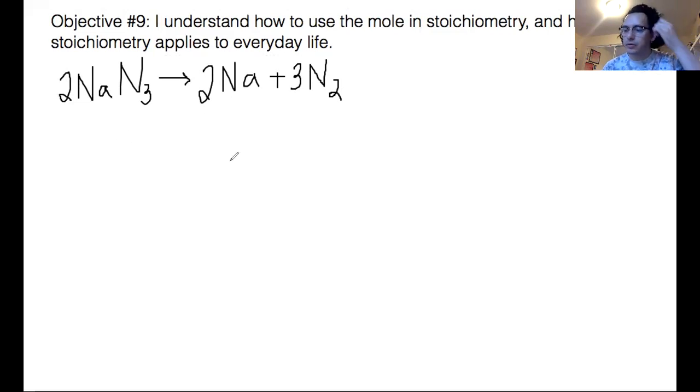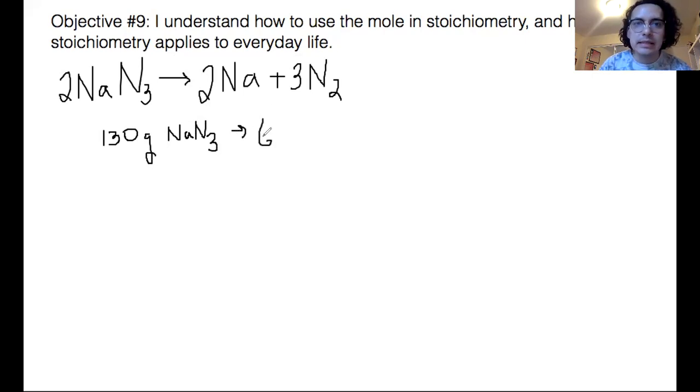And our article said that 130 grams of sodium azide, NaN3, produces 67 liters of nitrogen gas.